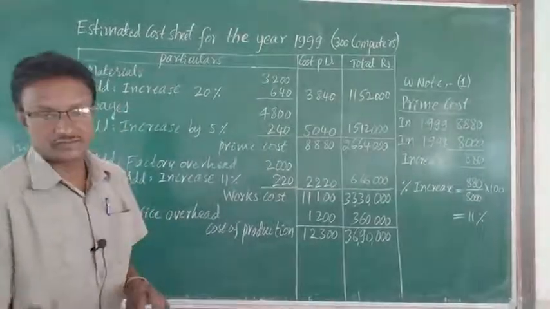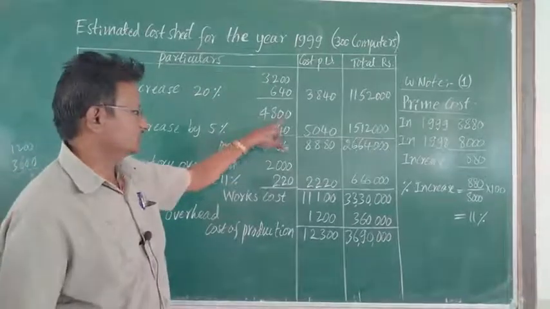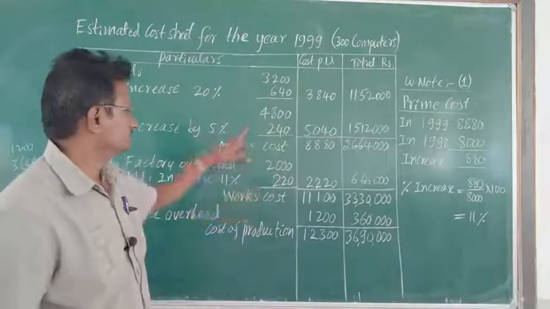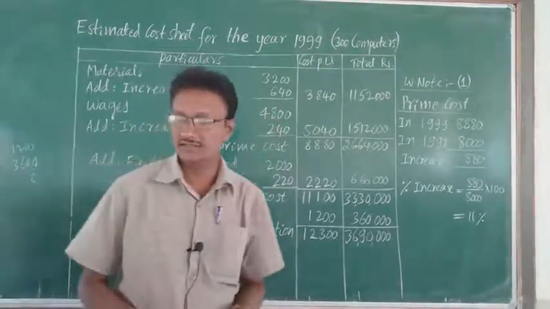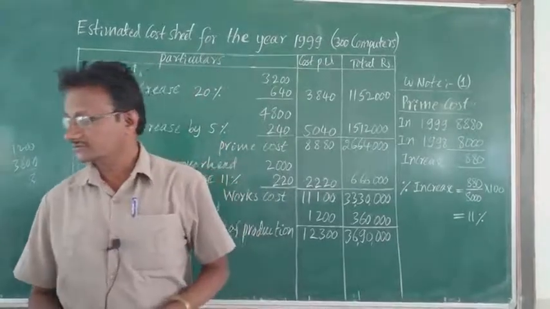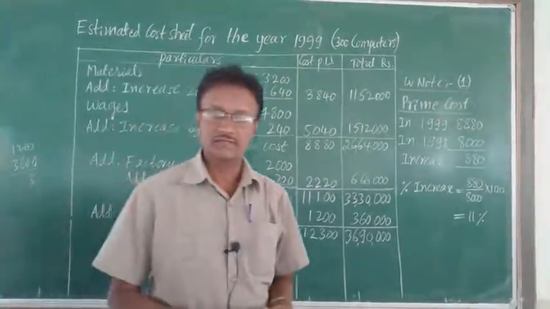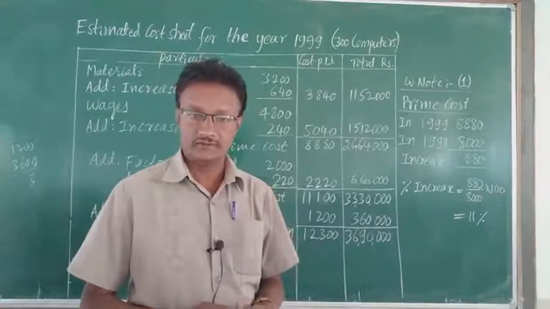Wages in actual cost per unit is 4,800, and as per the information, wages will increase by 5%.